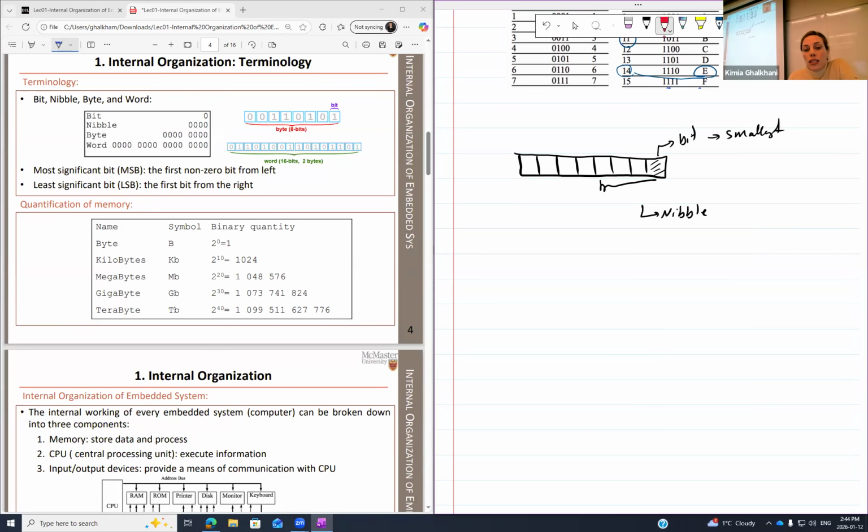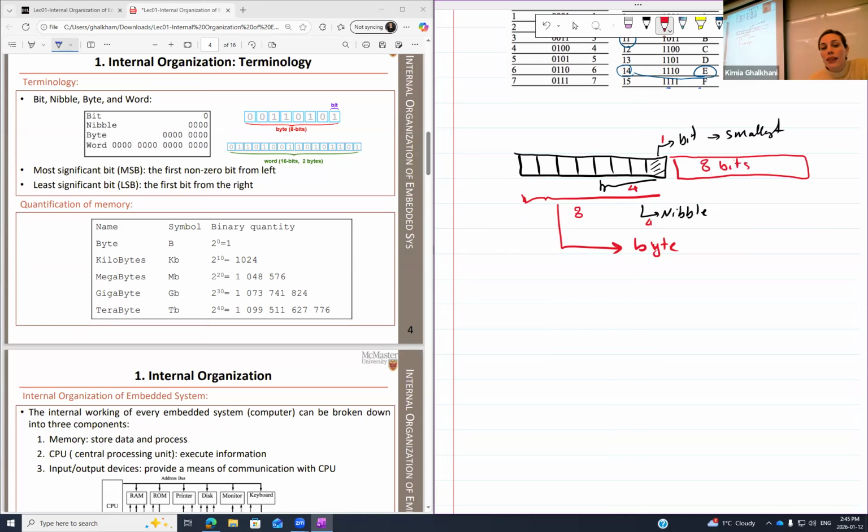Now, if I consider 8 of them, this is 4 of them, this is 8 of them, and this is only 1. So 4 is a nibble, and then 8 of them is called a byte. Byte still is not the largest one. Now, suppose I've got 2 bytes, meaning I have another one of these guys right in here, another 8 bits.